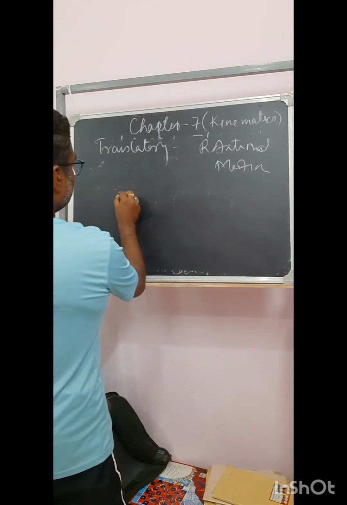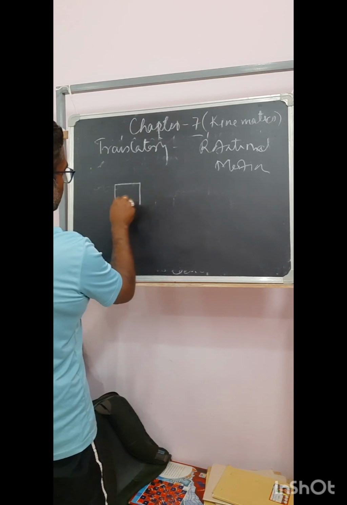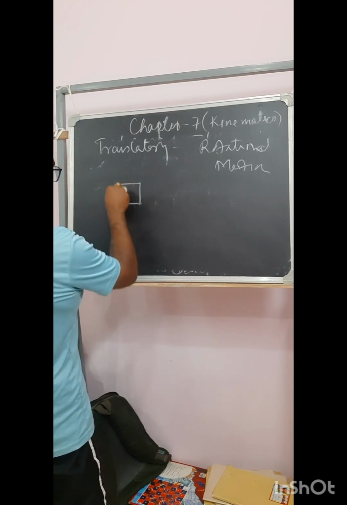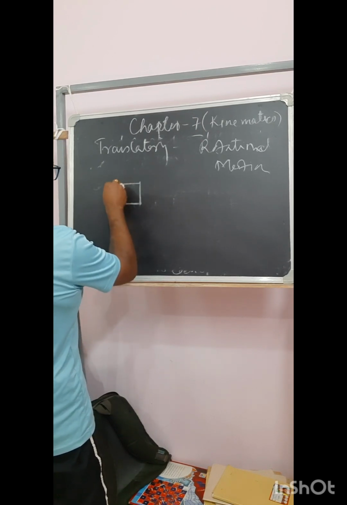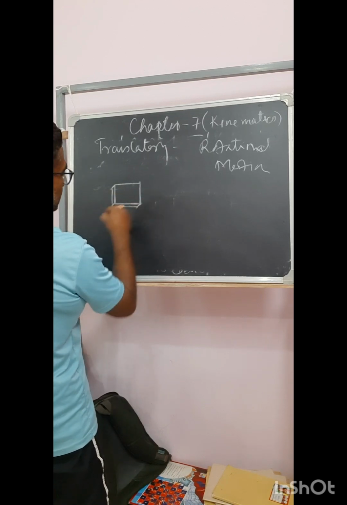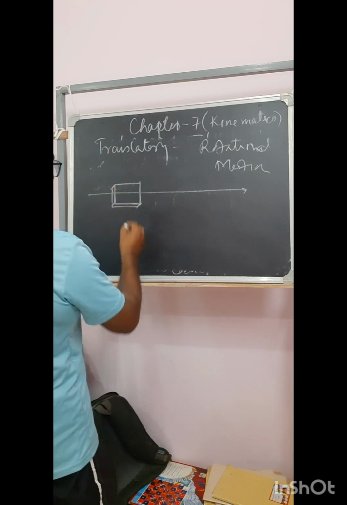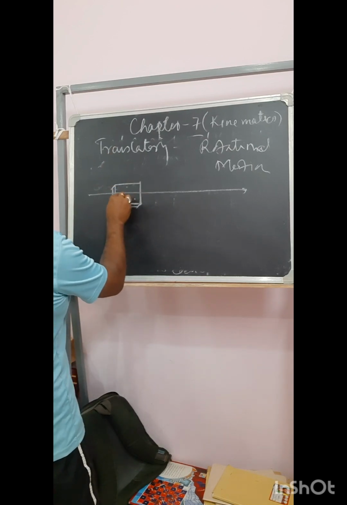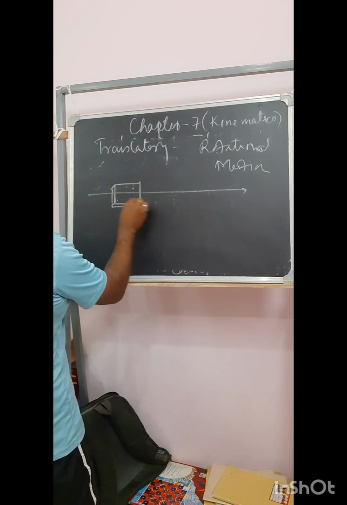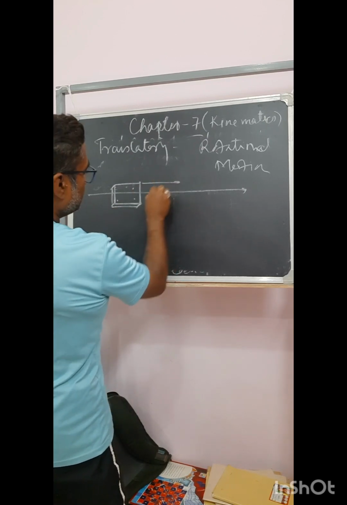Suppose I see an object which may be three-dimensional, moving in a straight line. When it is in translatory motion, any particle or any part of it will move parallel.